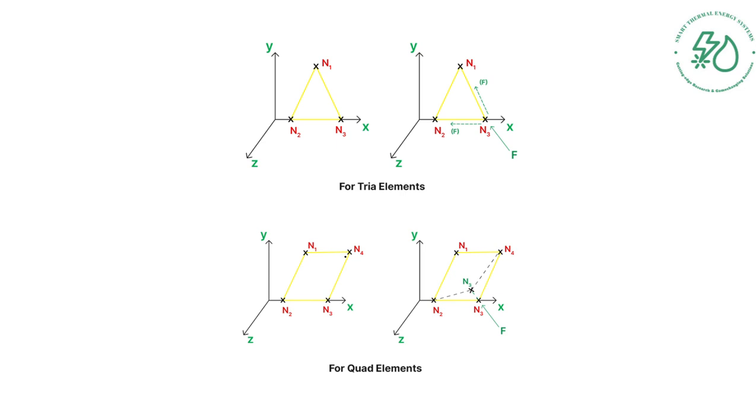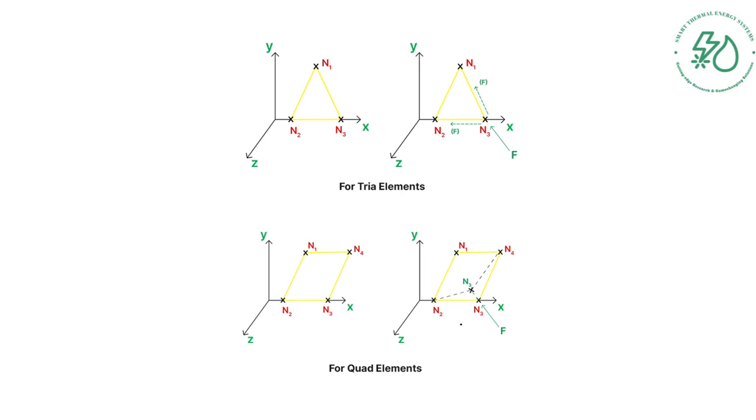But in this picture, for quad elements, when F is applied to N3, you can see the node N3 can move in the YZ plane, as nodes N1, N2, and N4 have already defined the XY plane. To define the XY plane, 3 points is essential and enough.